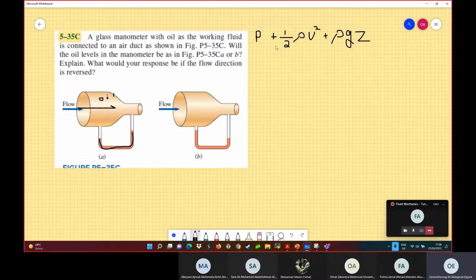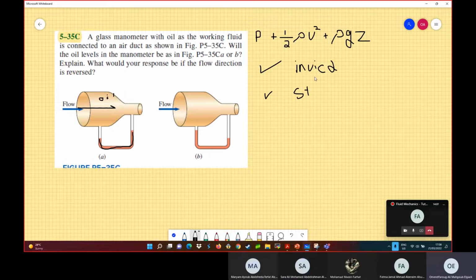And it's only applied when certain conditions are met. What's the first one? The flow should be inviscid. The second one, the flow should be steady. Inviscid means the frictional forces are negligible.